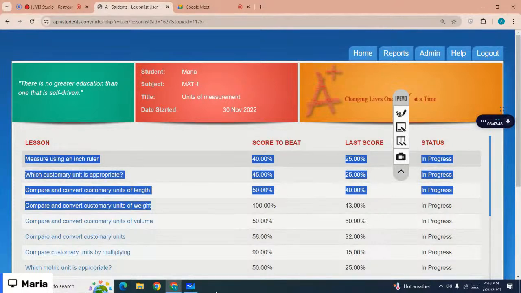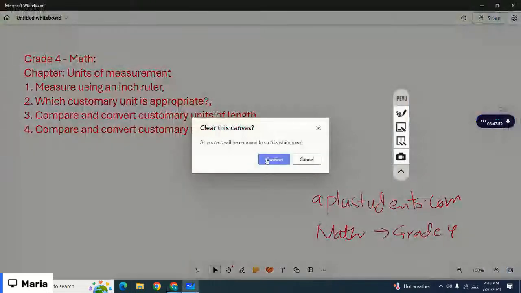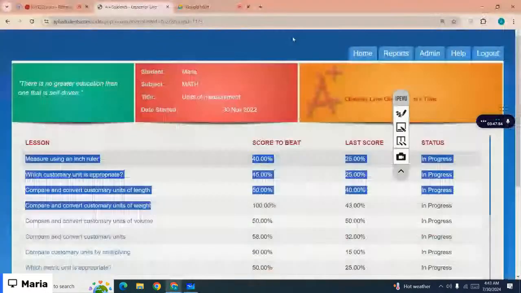So please make sure before the next session you complete all the practice questions for the lessons we just did. That is your homework until the next session, right?